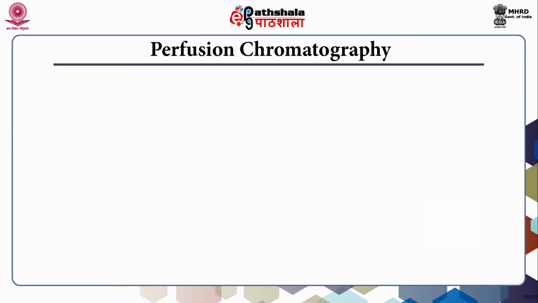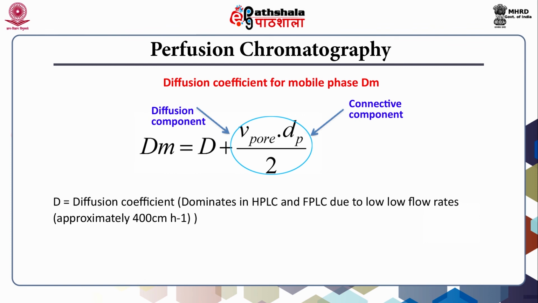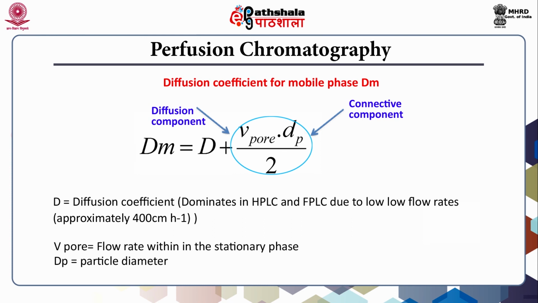First of all, let us understand in this slide what a diffusion coefficient is. The diffusion coefficient dm equals capital D plus V pore multiplied by dP by 2. Here V pore means flow rate within the stationary phase, and dP means particle diameter. The first term, capital D, is called the diffusion component, and it dominates in HPLC and also FPLC due to low flow rates.